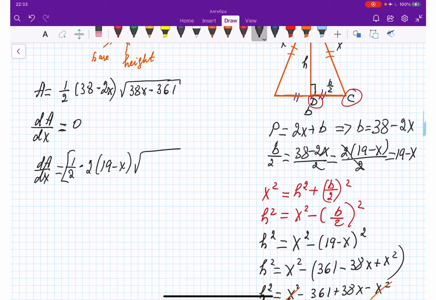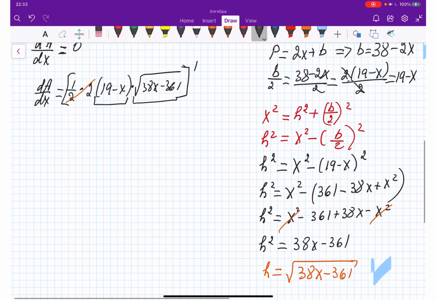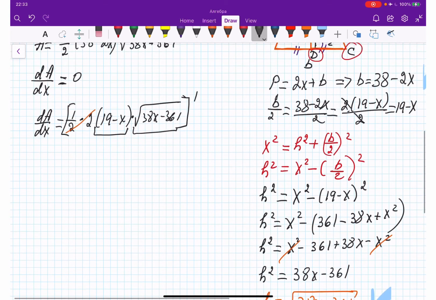And square root of 38x minus 361. We put here the prime derivative. And these two, I'm getting rid of both 2's. And now we can get busy with the derivative. So we have a product, right? This is the first term multiplied by the second term. Okay? To remind you about the product rule, let me move this down so we will have enough space.